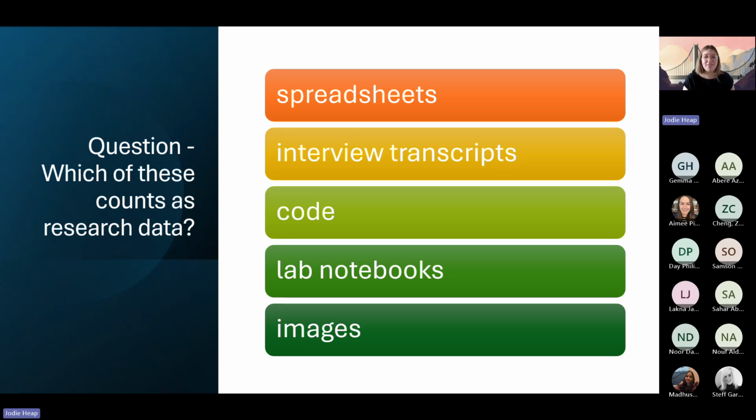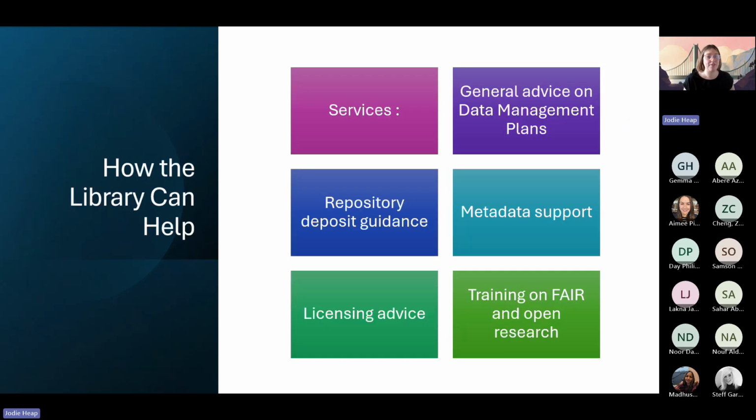Yeah, you are correct. It's all of them. So absolutely all of them are research data. You could share your spreadsheets, your interview transcripts, your code, your lab notebooks, your images. All of these things can be shared and deposited into a repository.